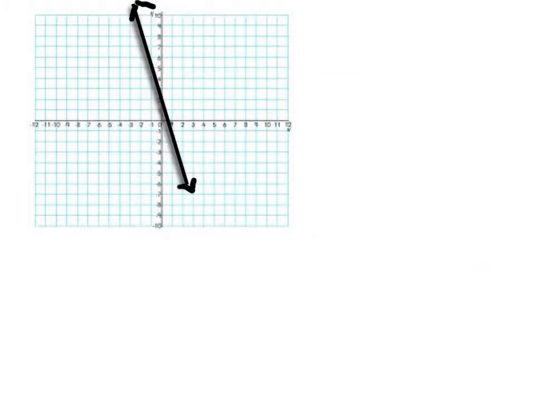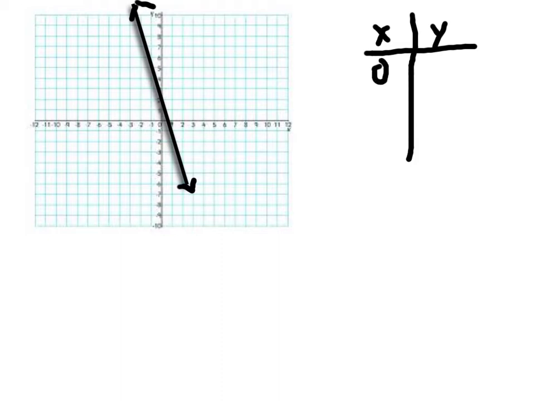Okay, given this line right here, I'll go ahead and first make my function table. And I look at the point 0, and this is where it intersects the y-axis. That's at 0, 3. Where it intersects the x-axis, that is at 1, 0.